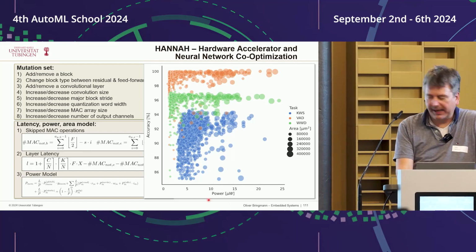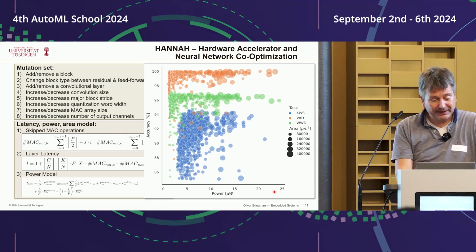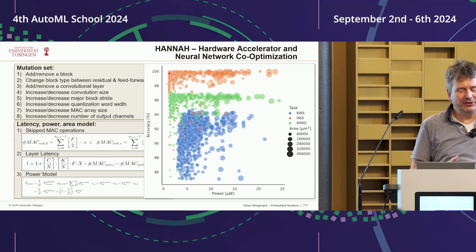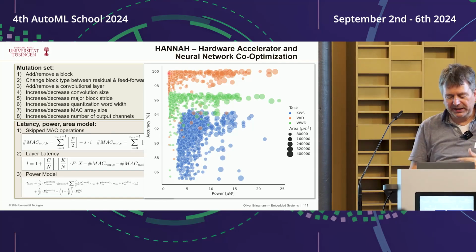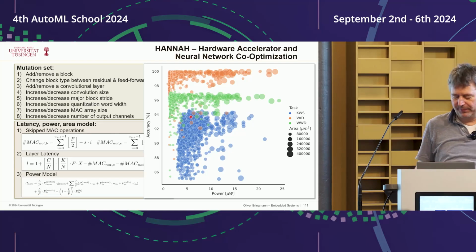The x-axis tells you the power consumption in microwatts, and here is accuracy on the left-hand side. Then you see the yellow one, a very, very low power solution, and that's very helpful because we start with voice activity detection first before getting to the next layer. And I will pick up some points here.